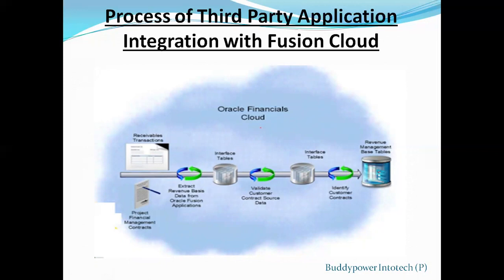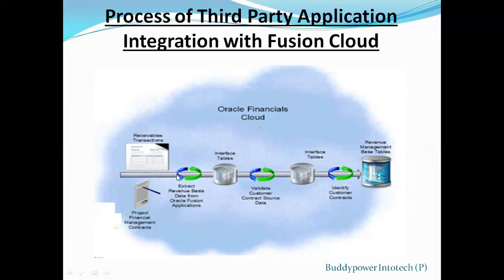Okay. So anyways, now let us look at this slide, which is an example of revenue management. Sorry, it's project management. Here the Oracle revenue management integrates with other cloud applications such as Fusion Receivables.